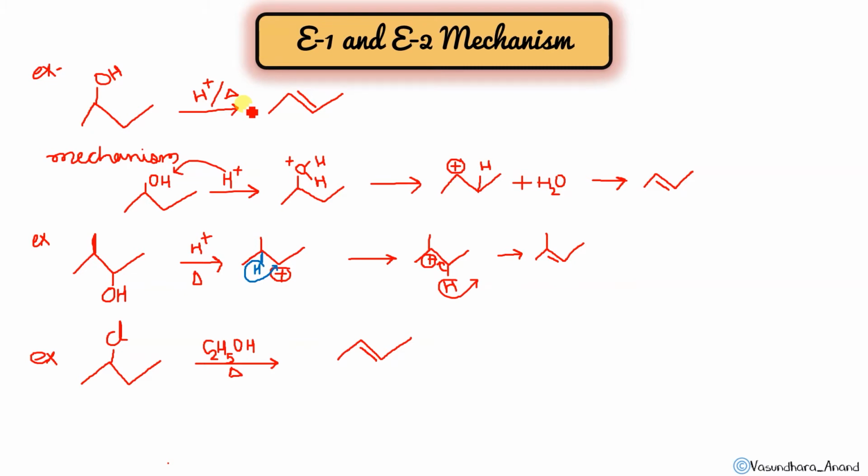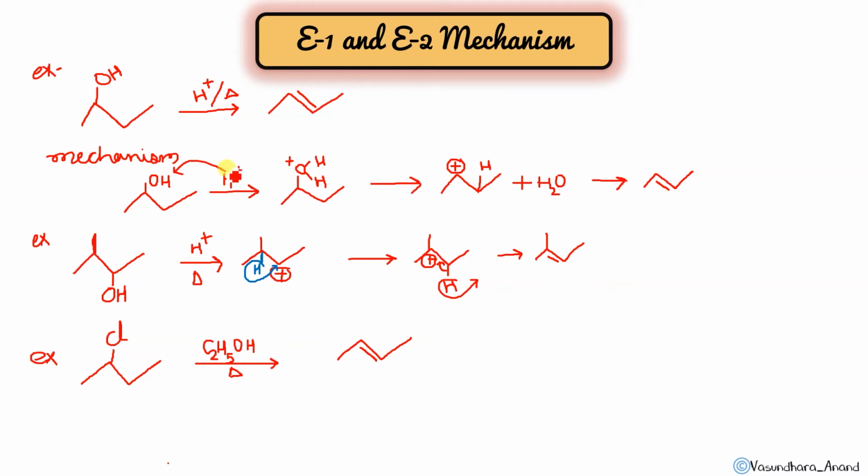Okay, but anyhow, this will give you this H plus if we are using an acidic medium, and we are using heat. Acidic medium means we can say the weak base also. So if it is a weak base, according to the first mechanism, this H plus is part of the conjugate acid.